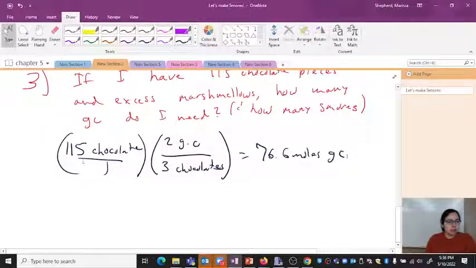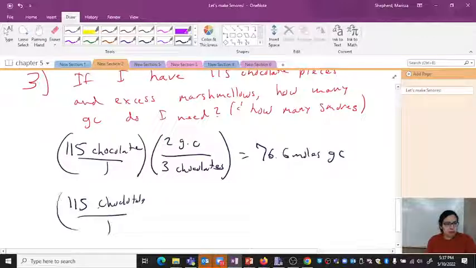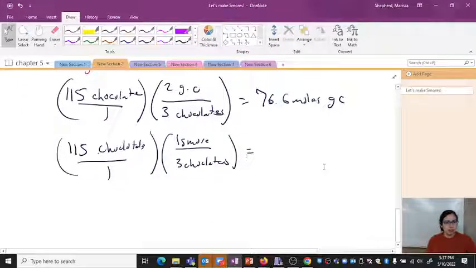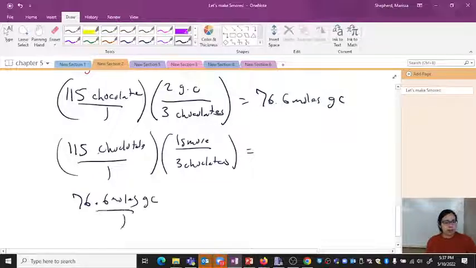And then we could use our ratio of chocolate. So again, setting up our mole ratio of chocolate to s'mores, where we have our conversion. So 3 chocolates are in 1 s'more, or we could have compared it to graham crackers. So either way, 76.6 moles of graham cracker.